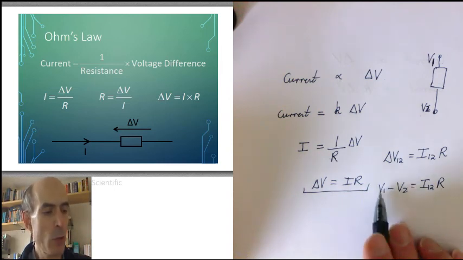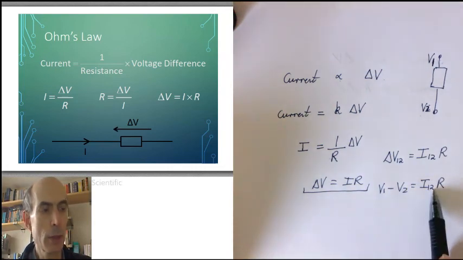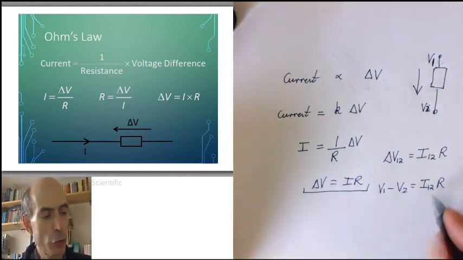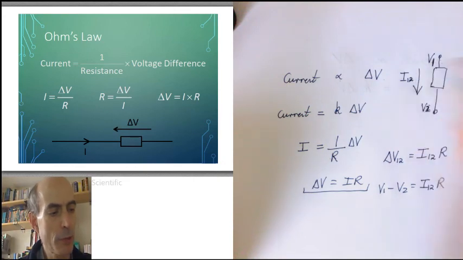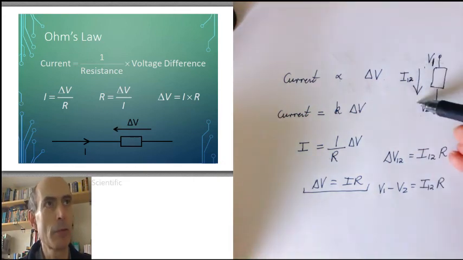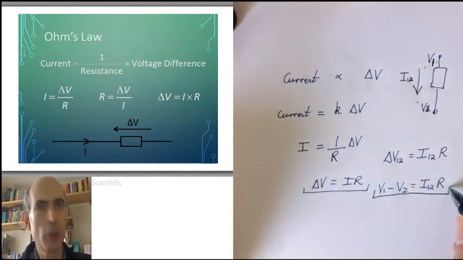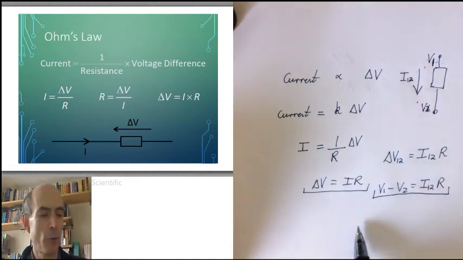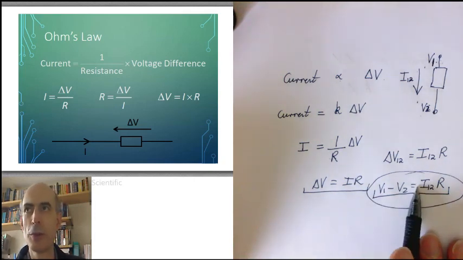That means that V1 minus V2 is I 1,2, I 1,2 being the current that flows from 1 to 2 in this direction. So the current is flowing that way, from V1 to V2. So a very common problem when you start doing circuit analysis is getting the voltage difference the wrong way round on components. This is a convenient way to make sure that you always get it right.